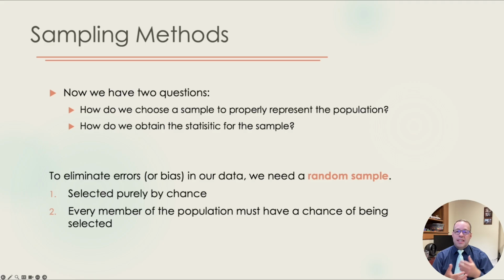So having a sample that is purely random will give the best coverage of the population, the best representation of the population, and it will avoid skewing the data towards one group or another. It will be pretty well balanced. And in the next video, we will look at a few different ways in which we can actually collect the data for our sample to study.